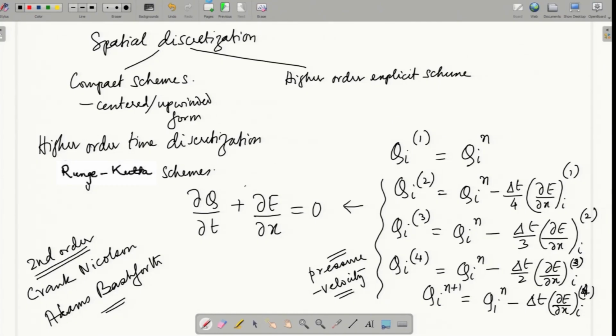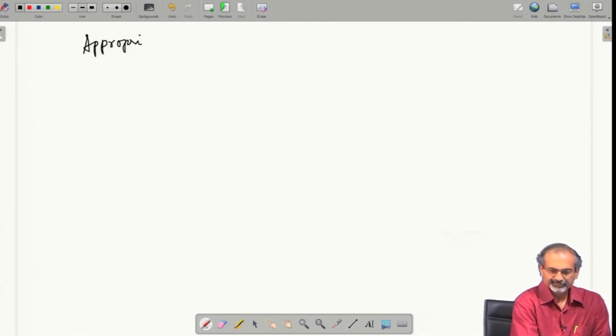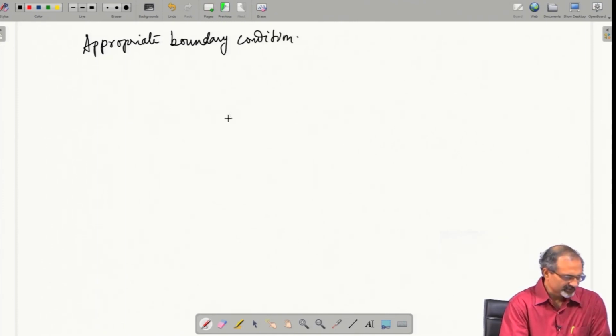Also, you need to have appropriate boundary conditions in order to enhance accuracy of the simulations.